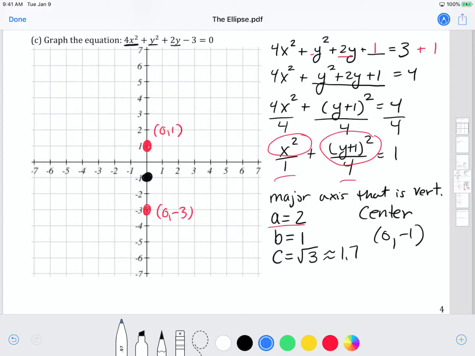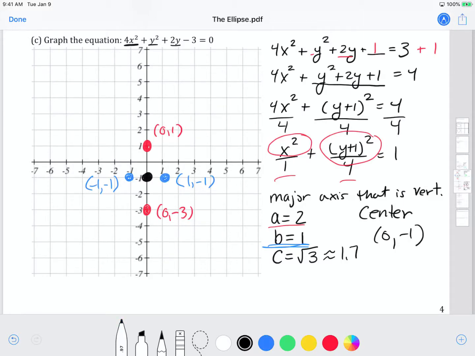Now for my minor vertices, I'm going to come out horizontally in either direction from the center. And that's going to be a distance of 1 in either direction. So here and here. So my minor vertex is going to be at 1, -1, and the other minor vertex is going to be at -1, -1.